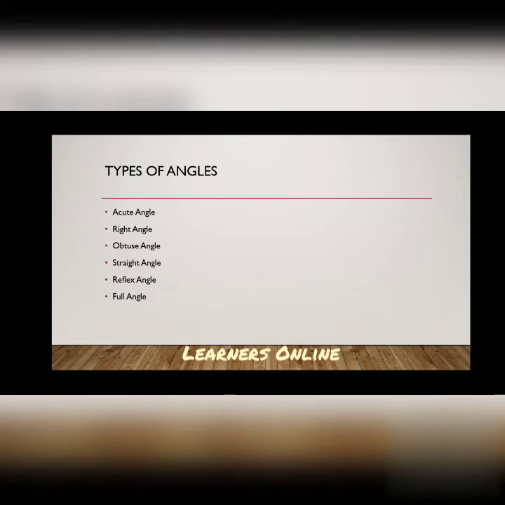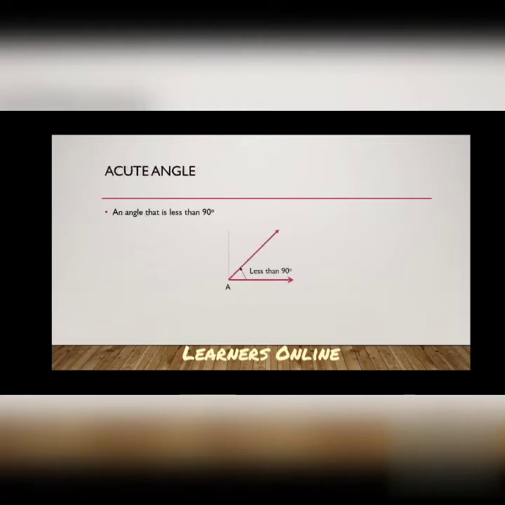Let's discuss it one by one. First of all is the acute angle. It is the angle that is less than 90 degrees. On your screen you can see two solid lines. One is horizontal and the second is the terminal arm, and another line you can see is a bit dotted line that is vertical. This vertical line represents 90 degrees and the horizontal line is the starting line.